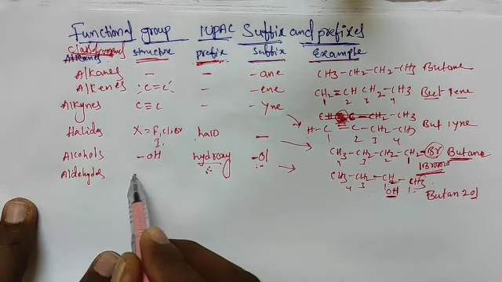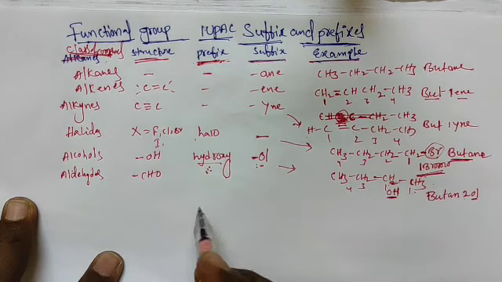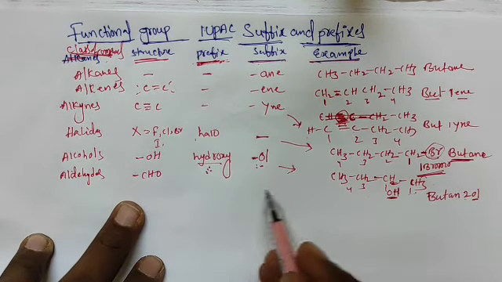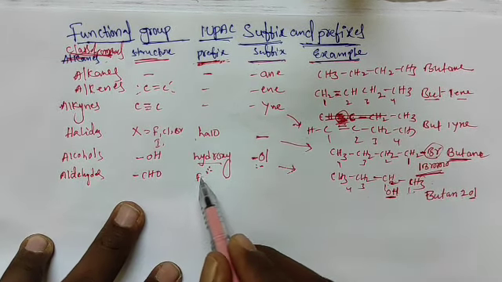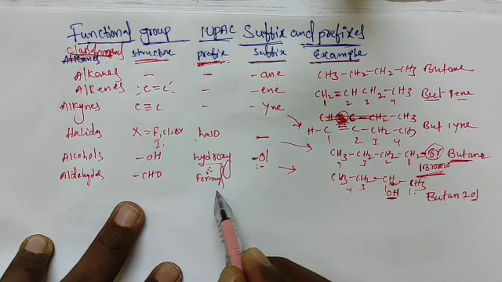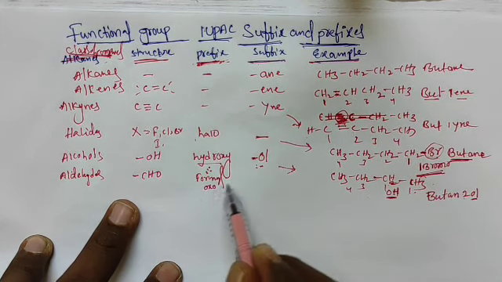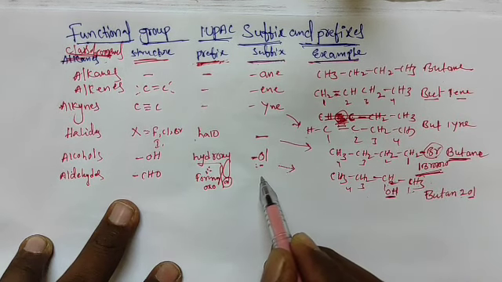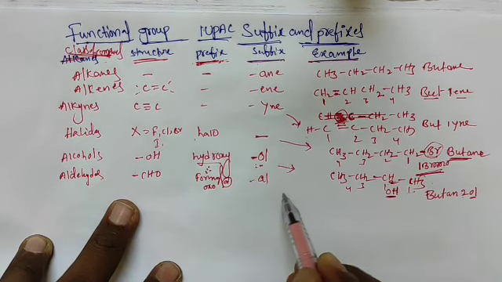Next, after alcohol, aldehydes. The aldehyde group is CHO. It has both prefix and suffix. The prefix is formyl or oxo. The suffix is al.